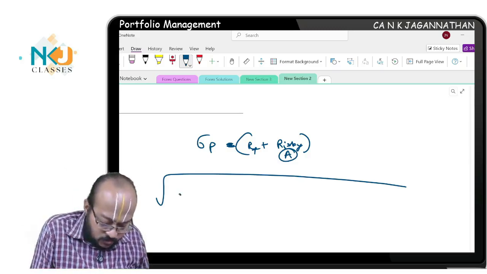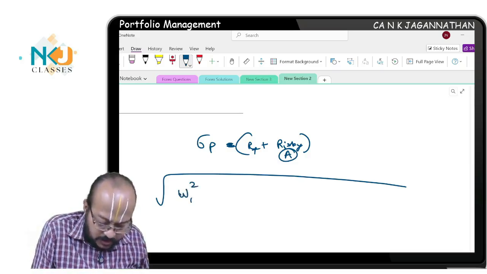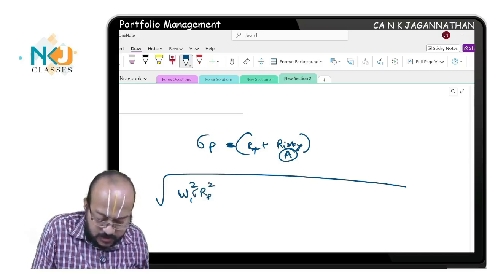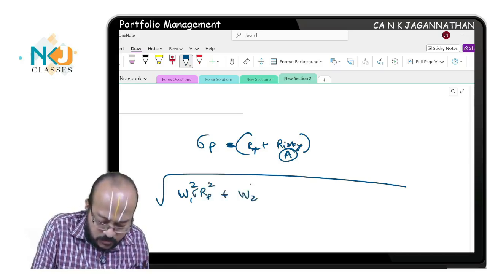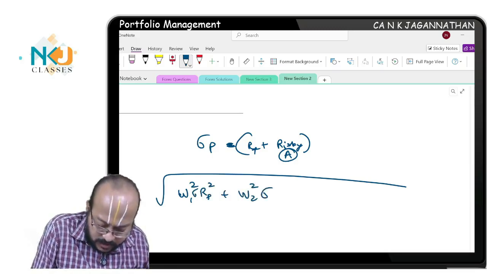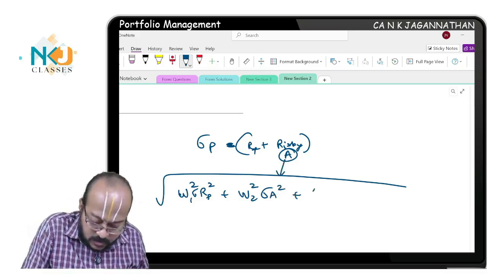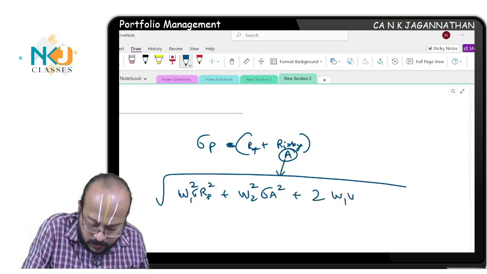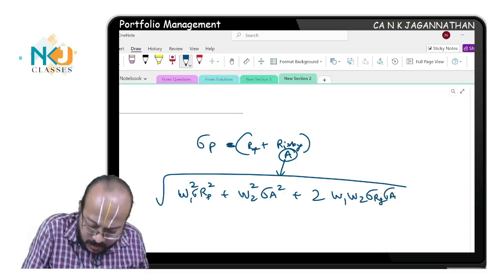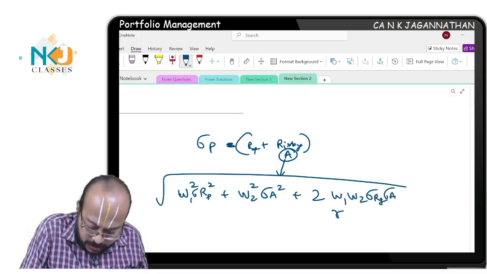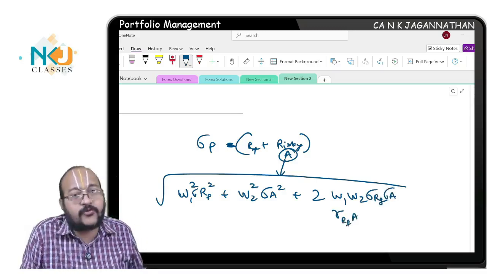So W1 square sigma RF square plus W2 square sigma A square, in this case the risky asset I am putting as A, plus 2 into W1, W2, sigma RF, sigma A, and the correlation of RF and A. This would be the formula.